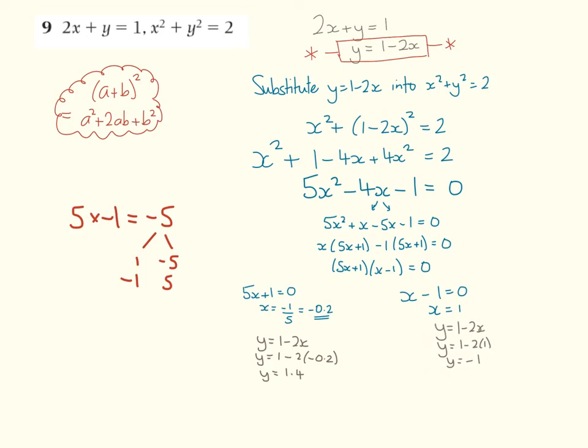Okay. And again, we want to conclude our work now and give those two answers, pair the correct x and y numbers up, and give our answers as coordinates. So our one coordinate would be negative 0.2, 1.4, and our other coordinate is going to be 1, minus 1.